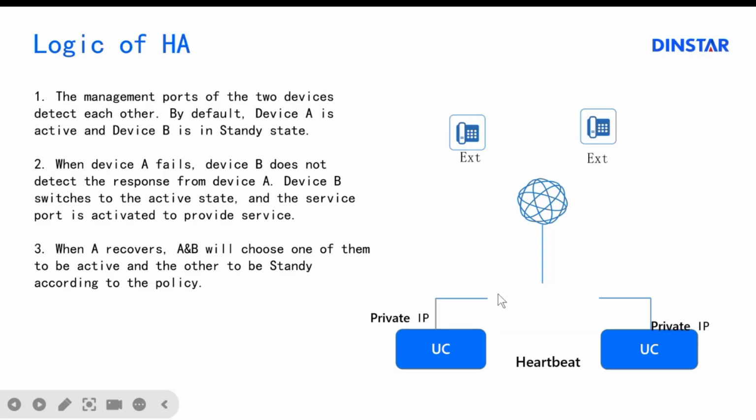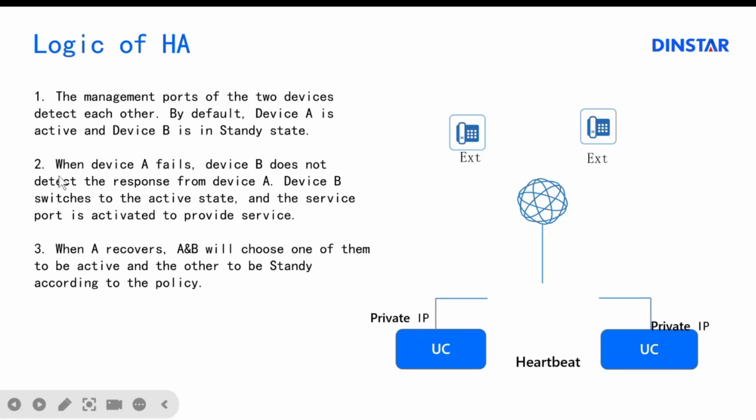The devices maintain communications through heartbeat detection. Under normal circumstances, device A operates in the active state. The two devices mutually monitor each other's running status through their respective management ports.